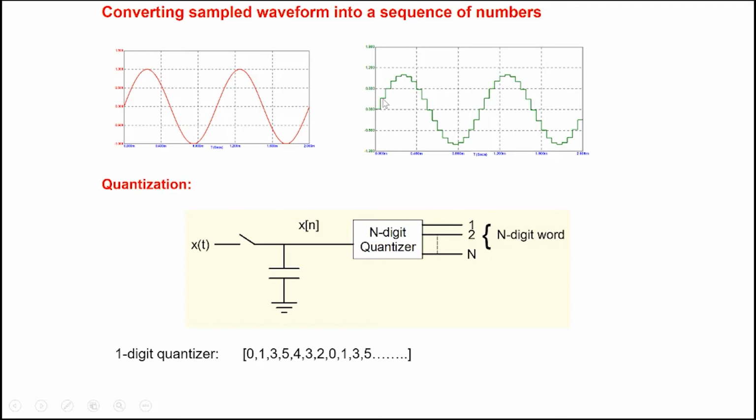For a sample point here, we may have some other digit, and like that, each one of those sampled values is converted into a single digit. In a 2-digit quantizer, 2 digits are used to represent each particular sampled voltage here, 0, 0, 1, 2, 1, and so on and so forth.